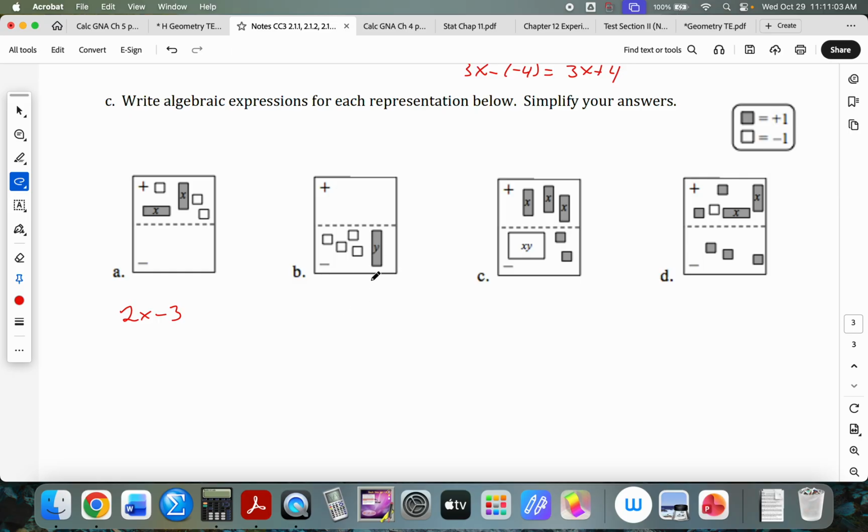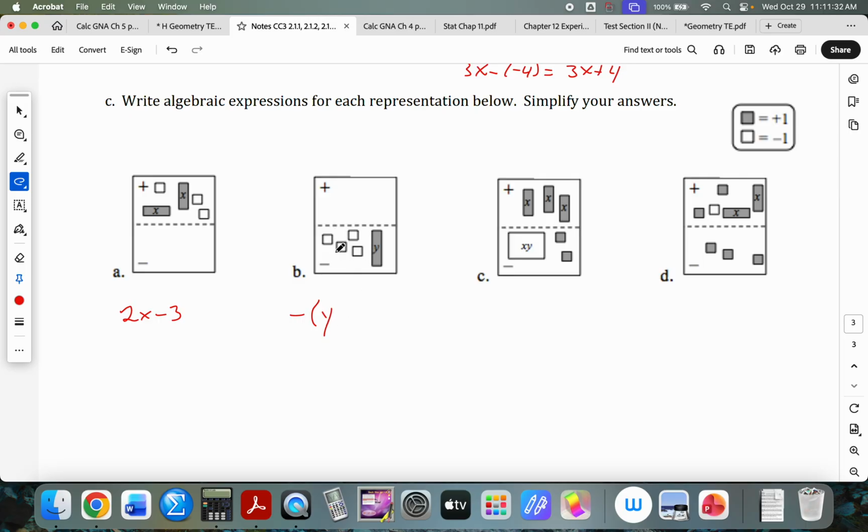For this one, students frequently are like, well, how am I supposed to write that? What I do on these always, to start with, is if it's in the negative region, I put a negative and a set of parentheses. So this would be minus. Is this a positive y or a negative y? It's a positive y tile.